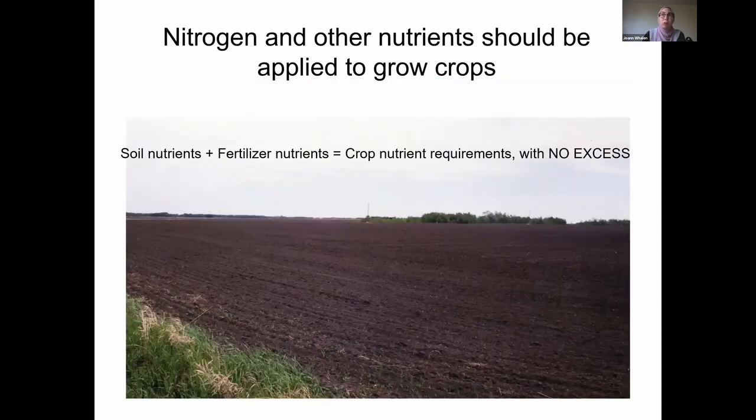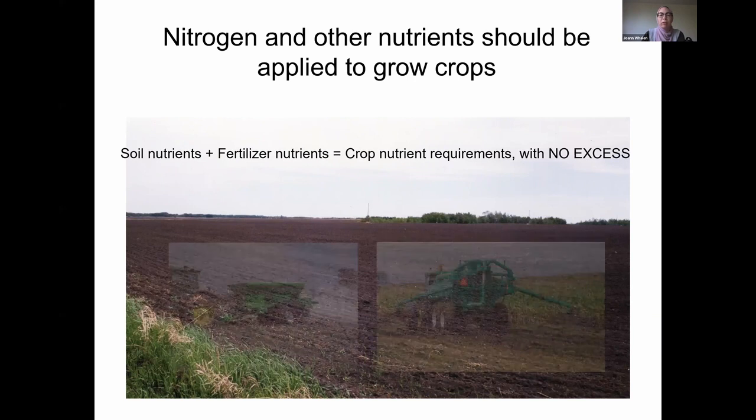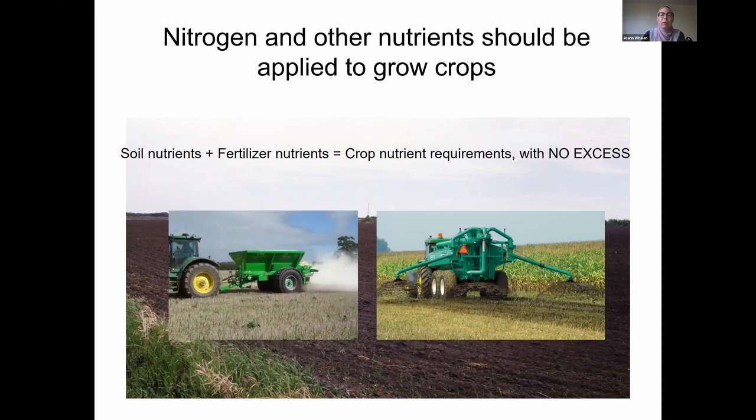So we're very cognizant of these risks, of these issues. And so our approach in agriculture is to make sure that the nitrogen and other nutrients are applied to grow crops. Indeed, that they should be applied to meet the crop requirements with no excesses. So whatever we put on the field should be put cautiously, prudently, and judiciously.